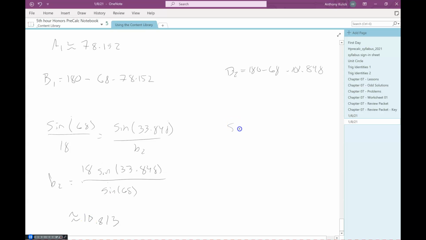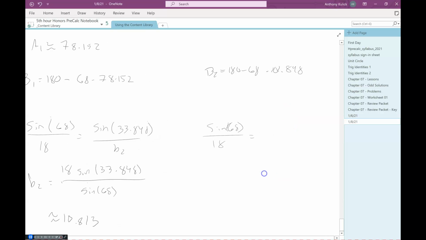And then in triangle 2, we're going to set this up the same way, but I have to use the angle B from this triangle, which was 10.152. I don't know why I wrote B2 there. This is B1.